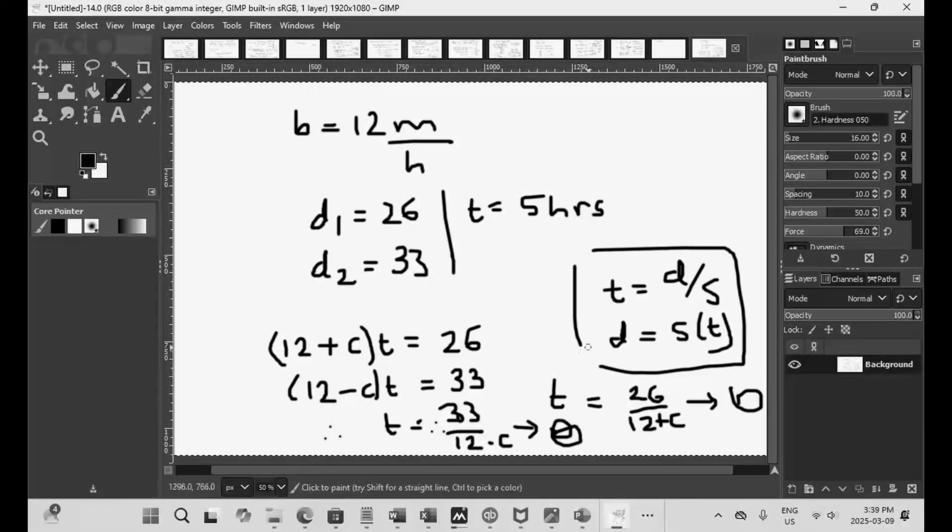So 26 divided by 12 plus c equals 33 divided by 12 minus c.